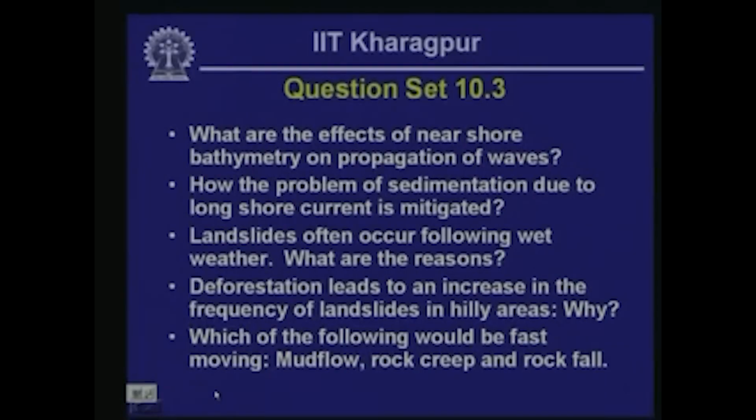So these are two causes which lead to landslides because of wet weather. Then the fourth question that I gave was this: deforestation leads to an increase in the frequency of landslides in hilly areas, and I asked why.